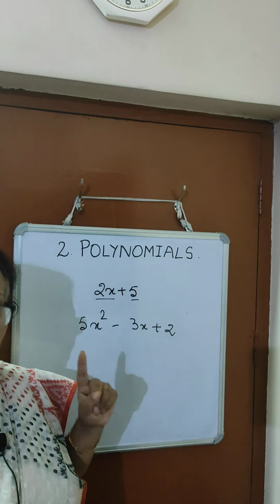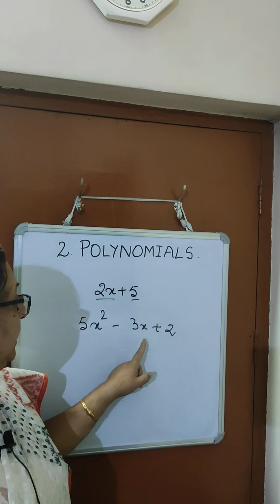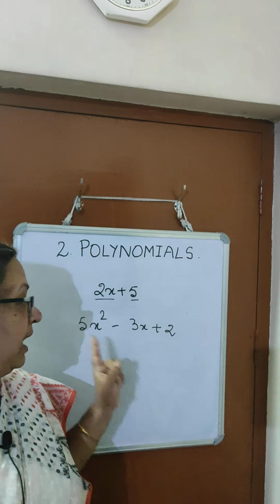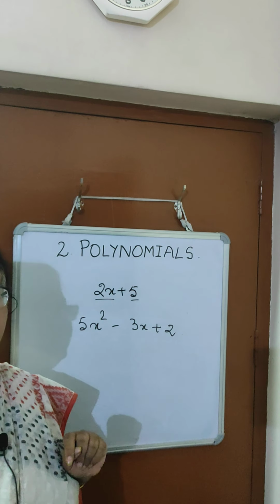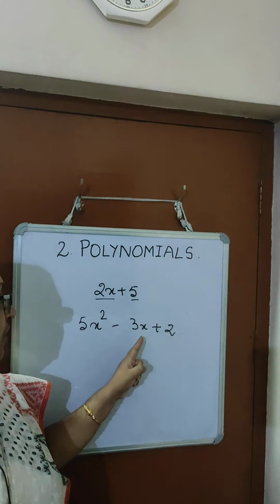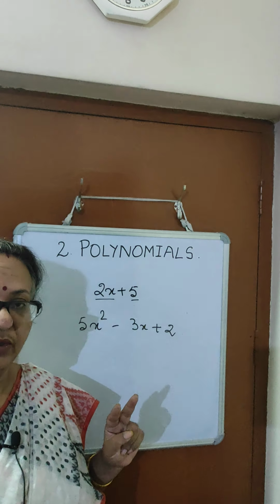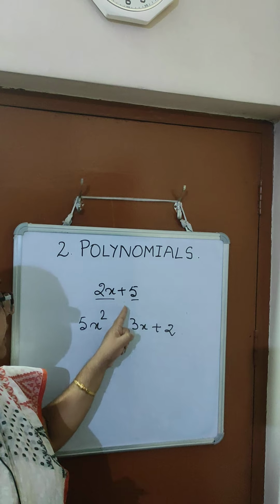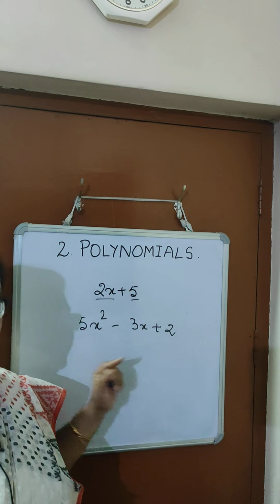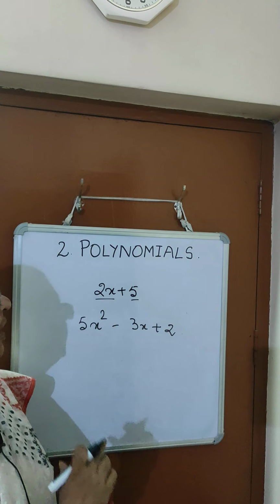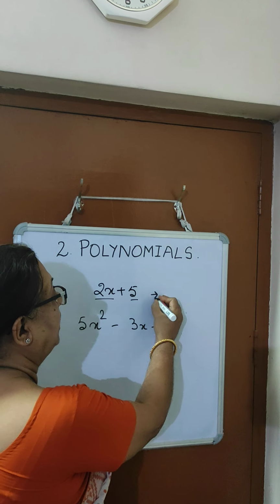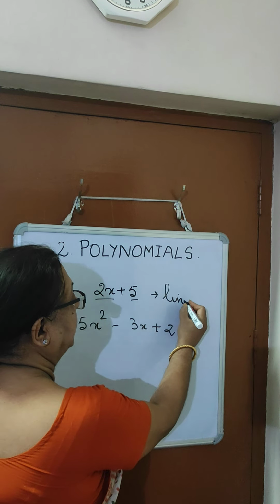In this polynomial, see here, the power of x is 2. Here the power of x is 1. So, which is the highest power? Highest power is 2, and therefore, degree of this polynomial is 2. So, okay children. So, degree is the highest power of the polynomial. Now, a polynomial with degree 1 is called a linear polynomial.